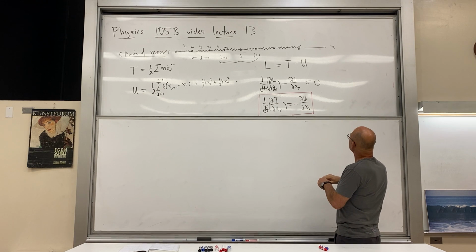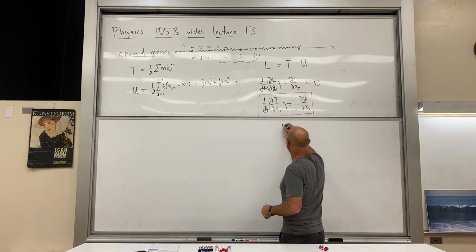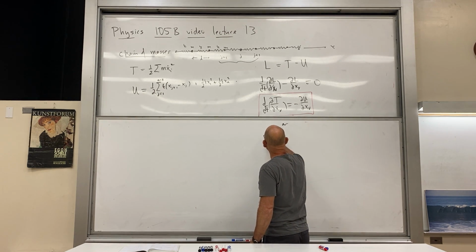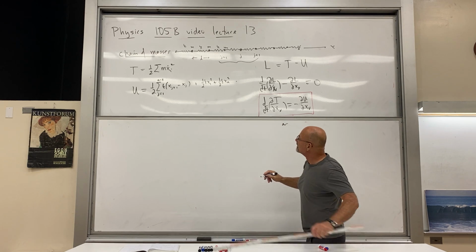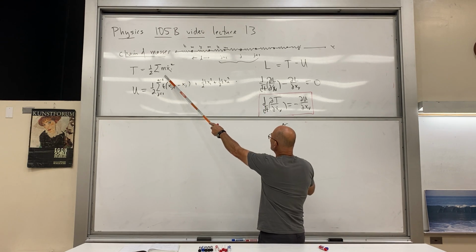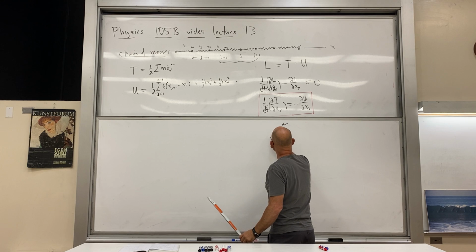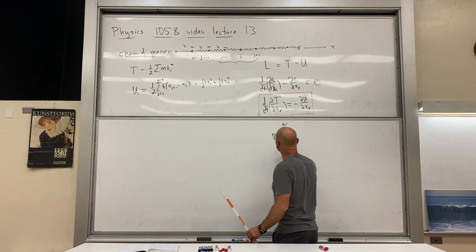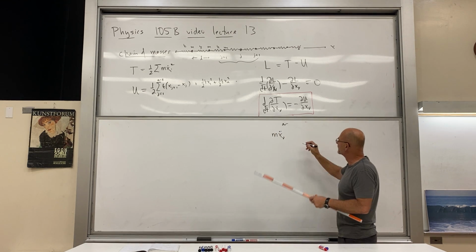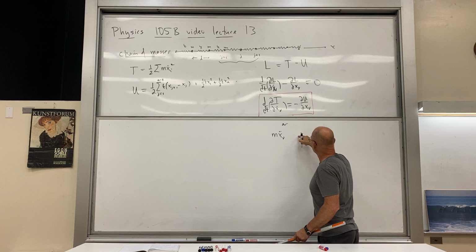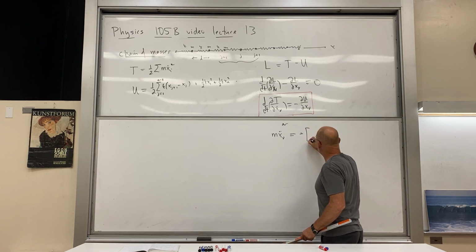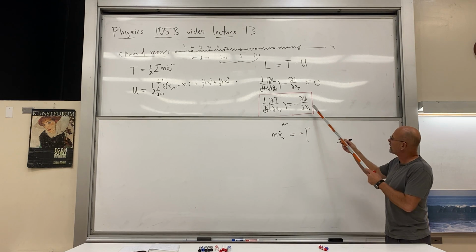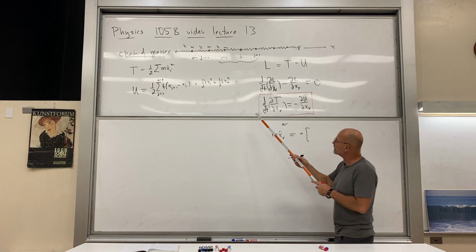And working directly underneath here, we have d/dt, so clearly m x_nu second derivative on the left side. That's from this, equals minus the derivative of the potential energy with respect to x_nu.